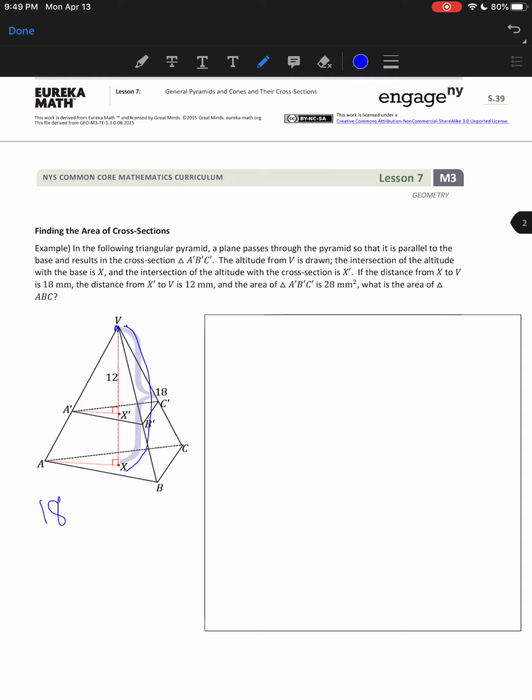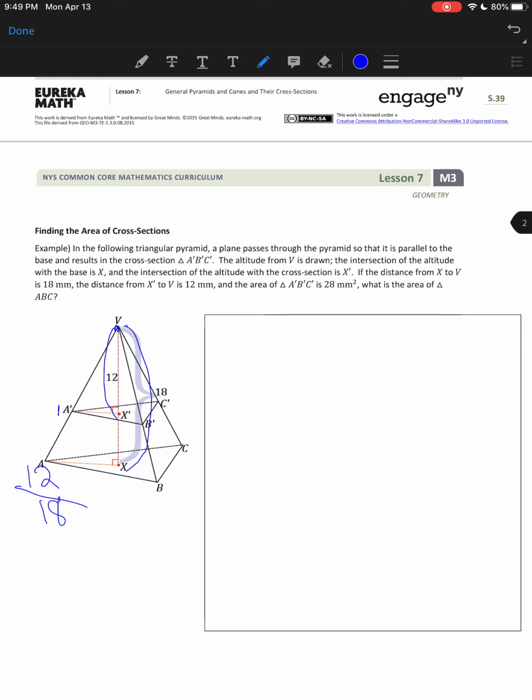And then we said the distance from this top one here, V, to this point on the cross section there is 12. So we noticed that this small triangle is 12/18 of the way down to the bottom. So that actually gives us our proportion.